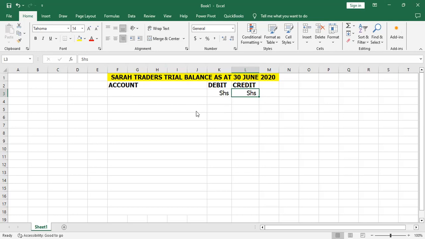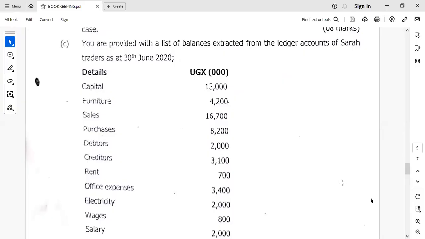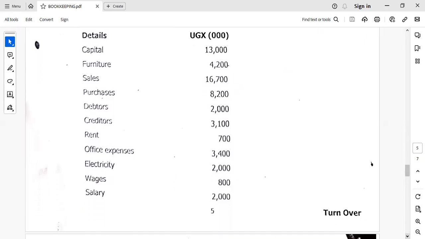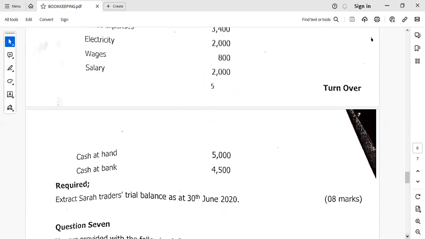Just taking you back briefly to the question, we have capital, furniture, sales, purchases, debtors, creditors, rent, office expenses, electricity, wages, salary, then cash at hand and cash at bank. Let us come up with our trial balance very fast.